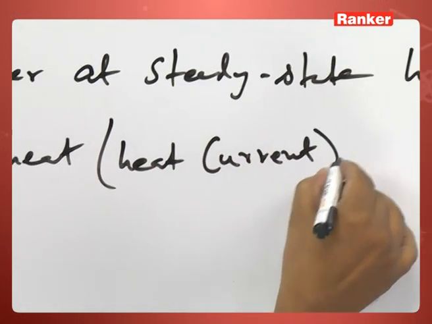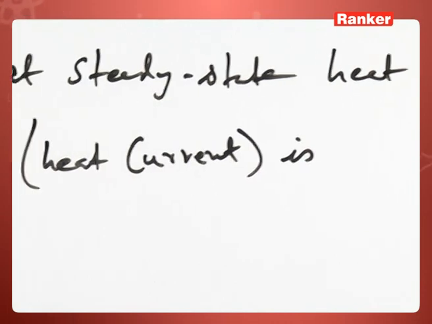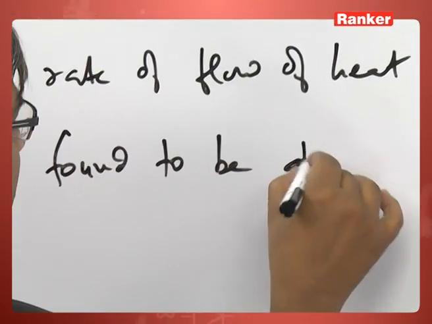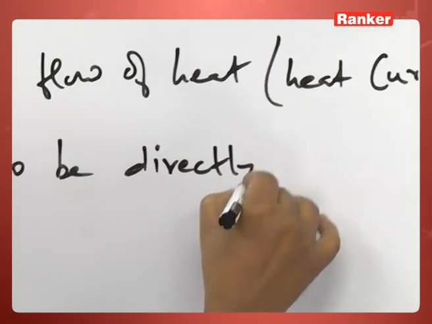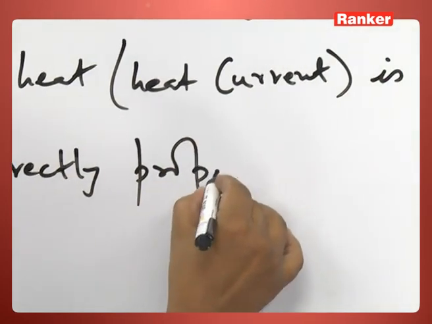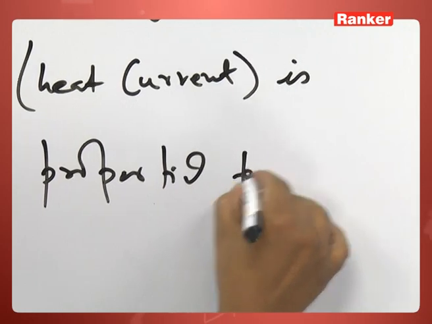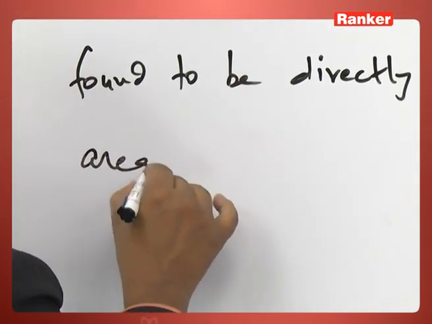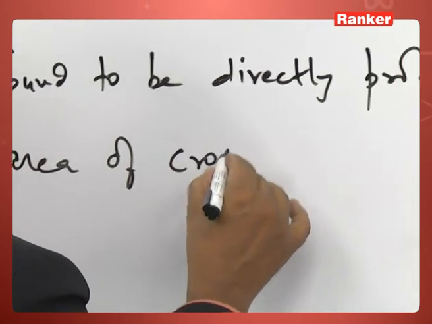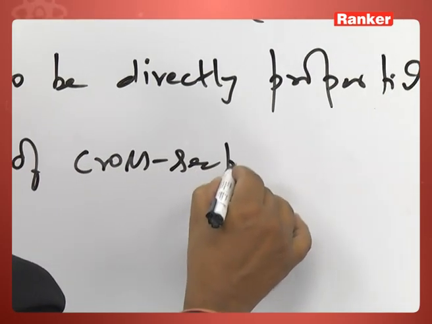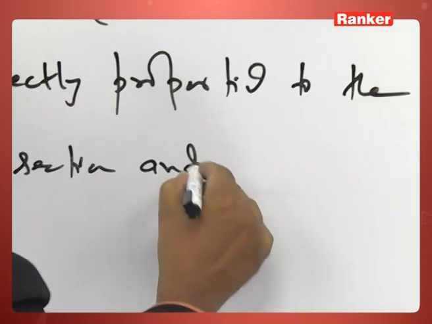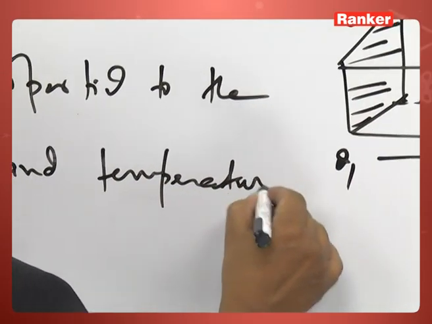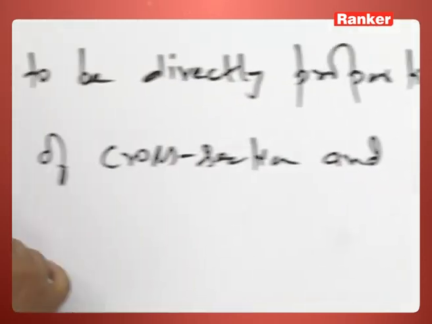The rate of flow of heat is found to be directly proportional to the area of cross section and temperature gradient.